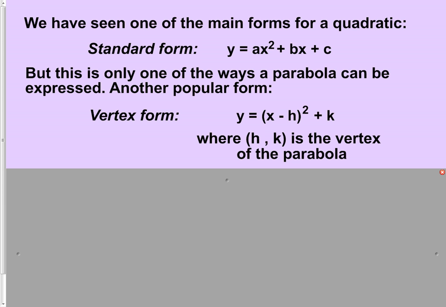Please notice in the formula that the sign between x and h is minus. It is built into the formula that way. It is supposed to be that way. So if you see an equation that does not show a minus between those two values, then that must mean that h has its own negative to cancel the negative of the formula out. But we'll come back to that in a moment.